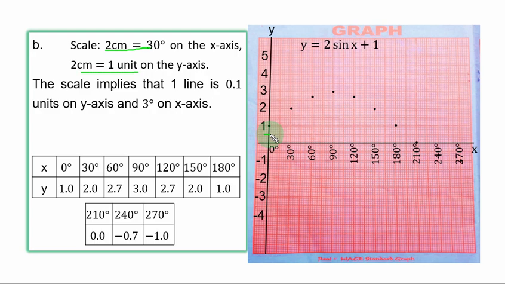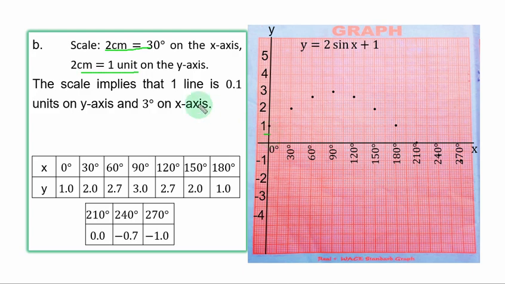So the 5 line is 1 unit. But because you have 2, the 5 line is 1 cm. But because we have 2 cm, you combine 2 boxes and give it 2 boxes as 2 cm. You give it 1 unit on the y-axis and 30 degrees on the x-axis.